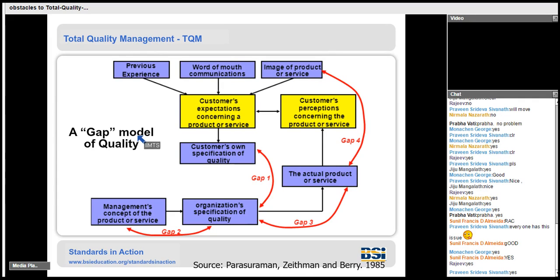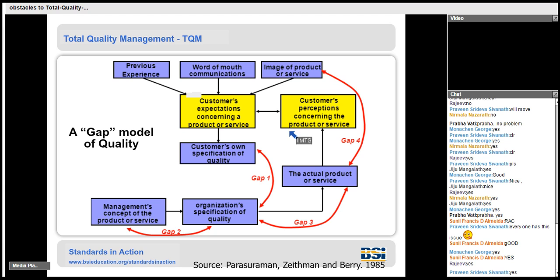So let us see this diagram. It's an important diagram. In yellow you'll see the customer's expectations concerning a product or service. Then his or her experience is related to previous experience, word of mouth communication, the contact he or she has with the company, and the image of the product or service.